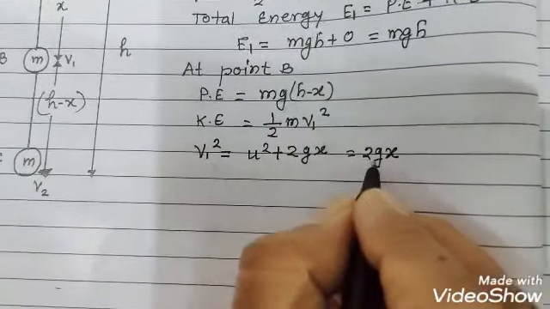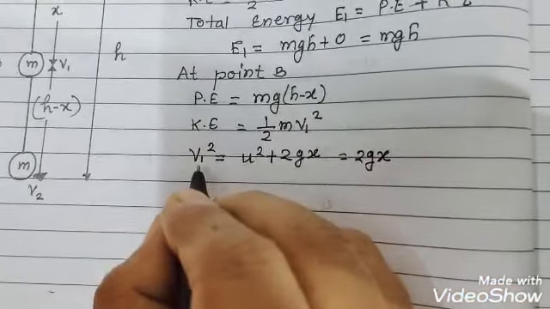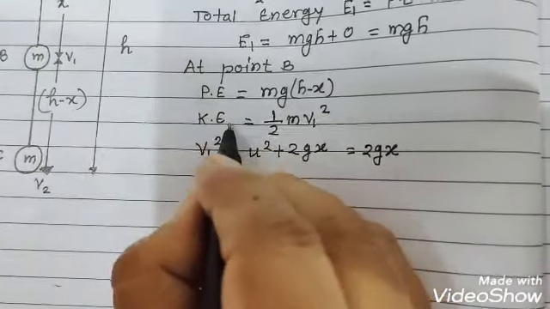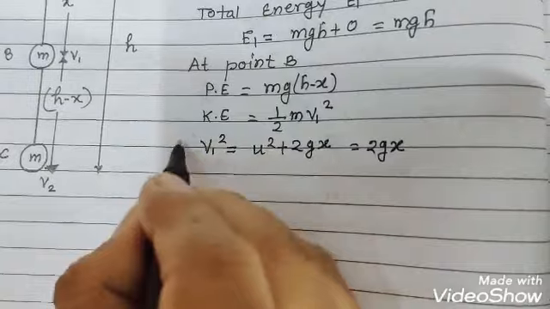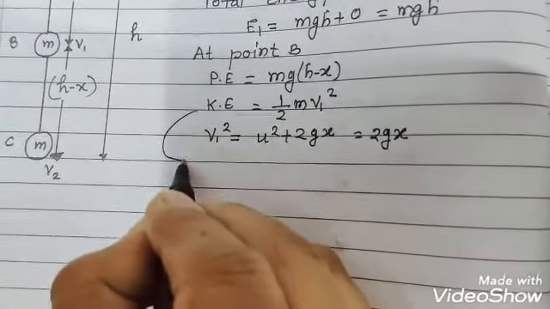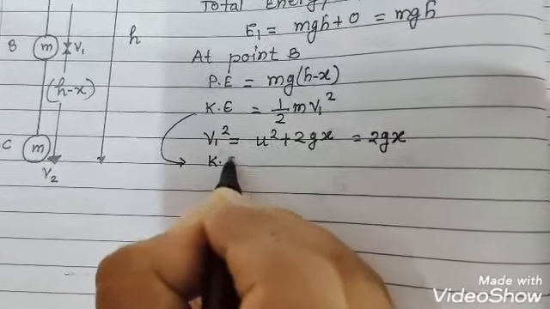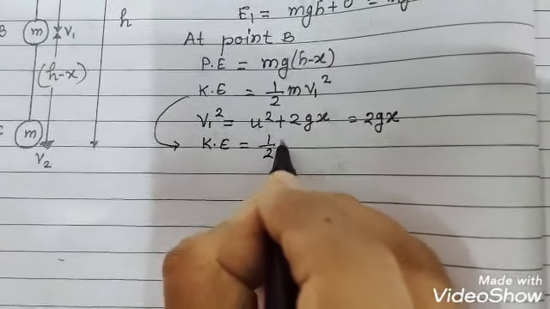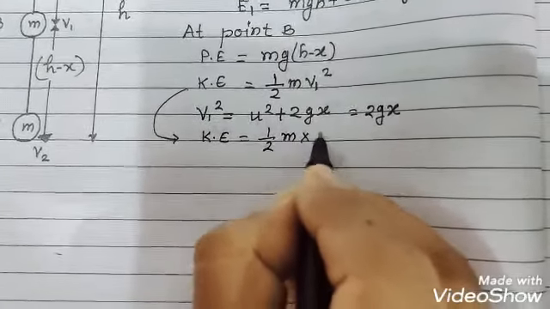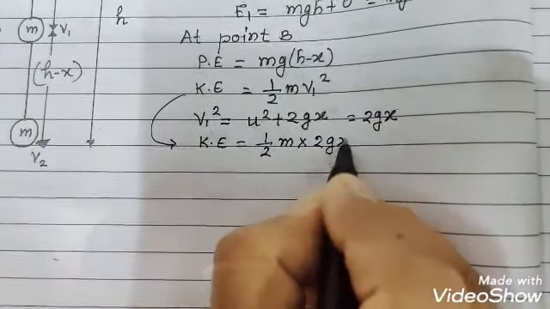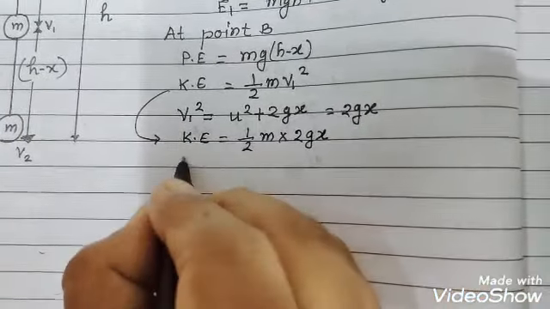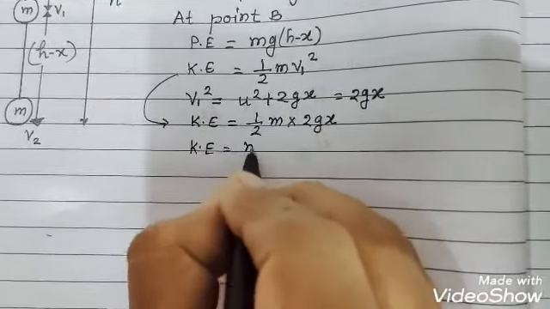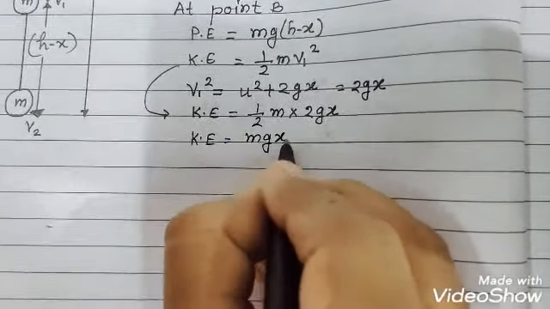We'll put this value of v1 square, 2gx, in the kinetic energy. So the kinetic energy will become half m times 2gx, then 2 would be cancelled and it will become mgx.